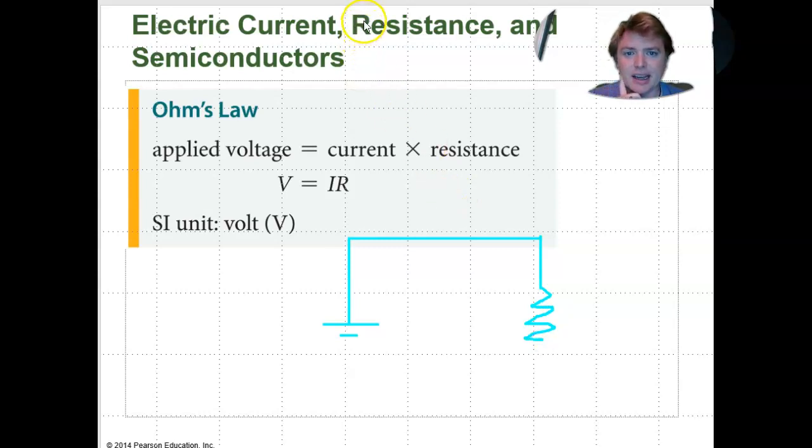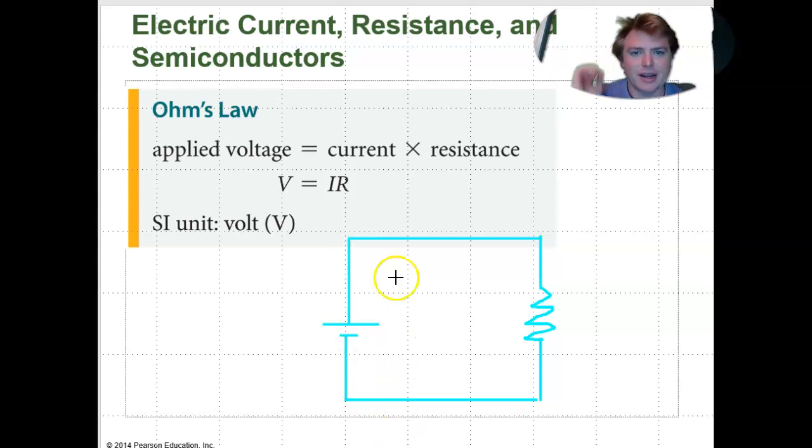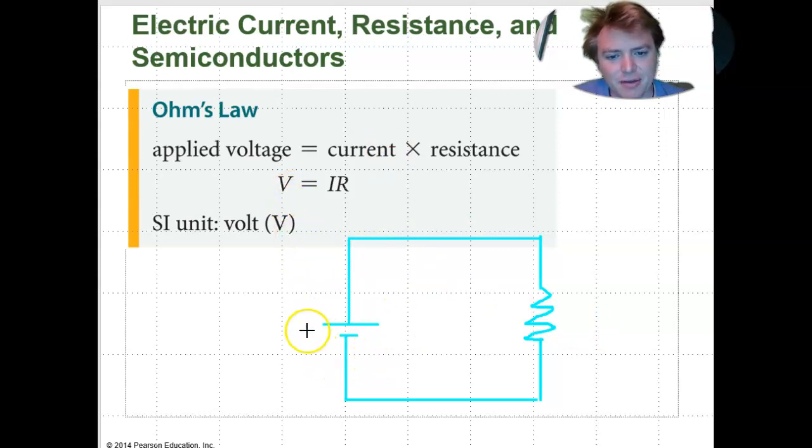And it is a circuit, so it has to be connected all the way around, have high potential, low potential, and then there it is, right? So I do have my resistor. This voltage here is the EMF, or the electromotive force, and then I can calculate the current as voltage divided by resistance.